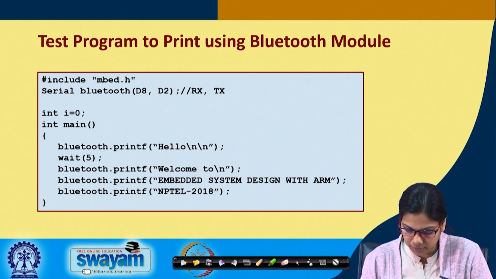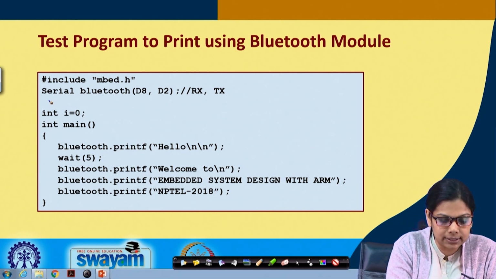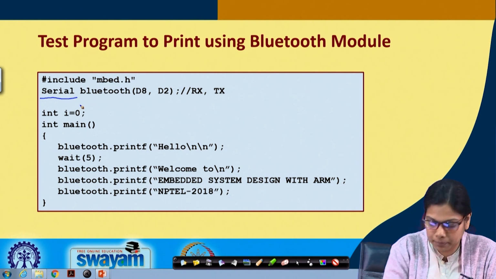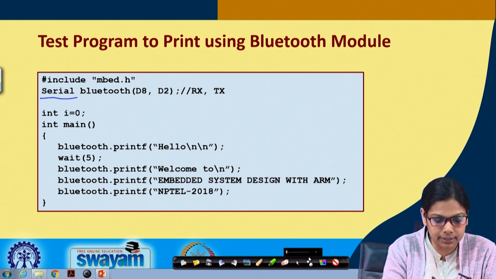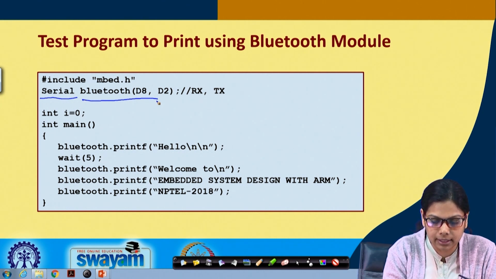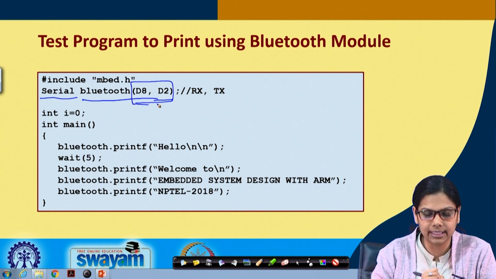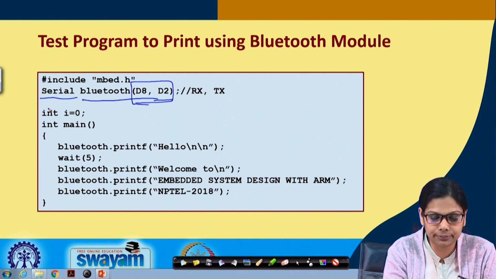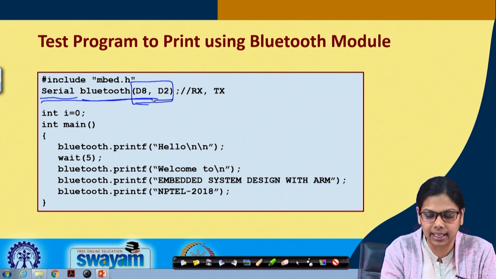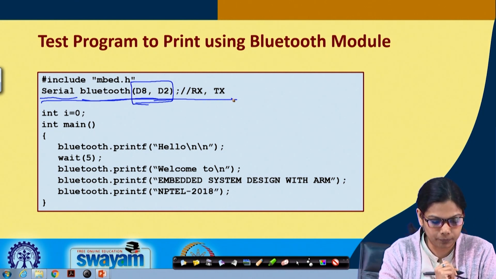First of all, we have to set up the serial communication. The name that I have given to this connection, which uses these two pins, D8 and D2, is Bluetooth. This is the first thing we have to initialize when we write the code.